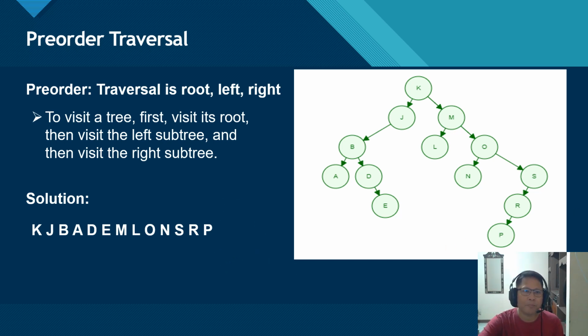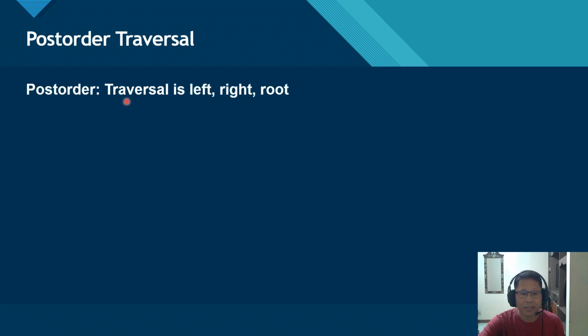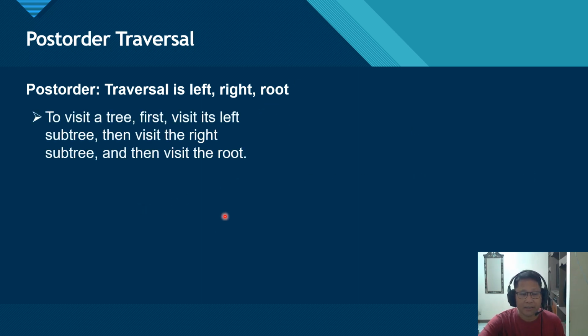So next, the post-order traversal. When we say post-order, the traversal is left, then followed by right, and then the last would be the root. Meaning, to visit a tree, first visit its left subtree, then visit the right subtree, and then finally visit the root.